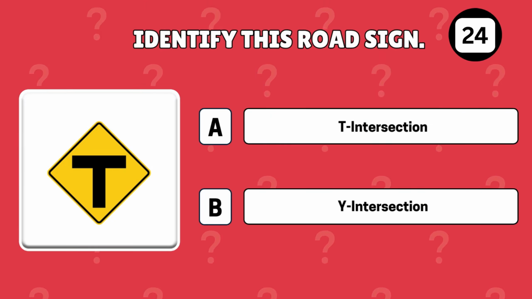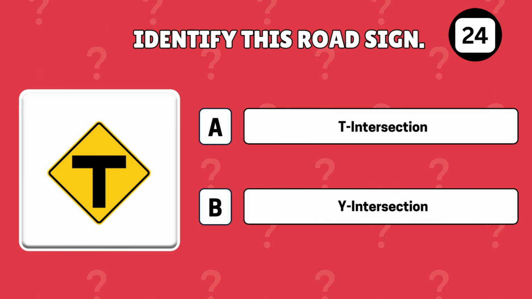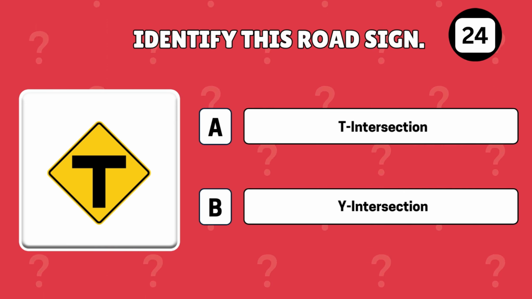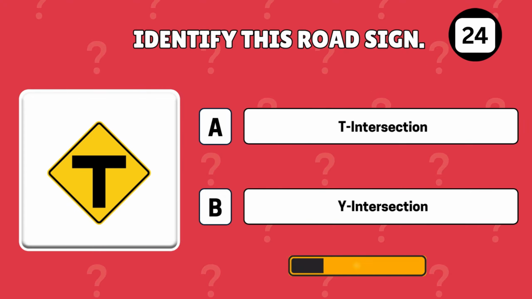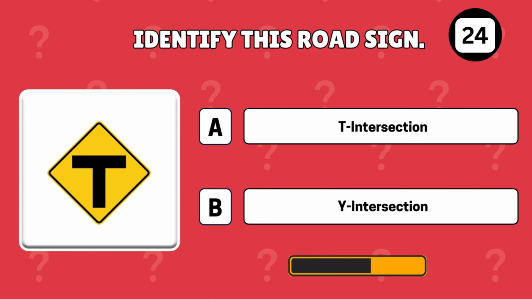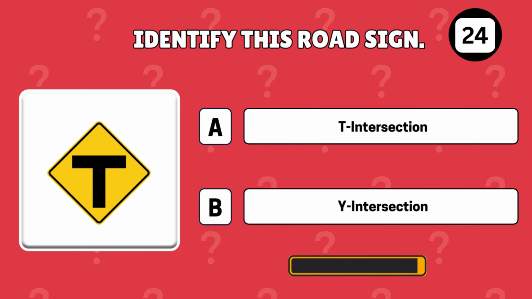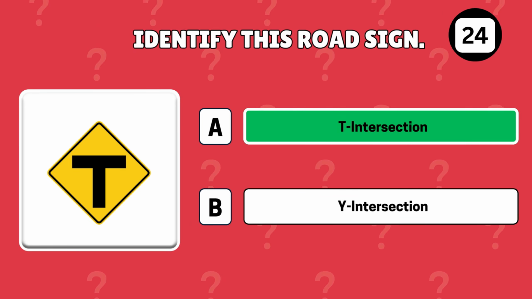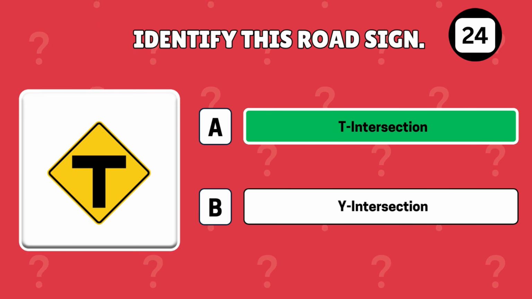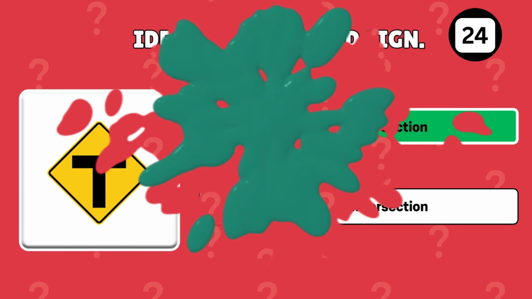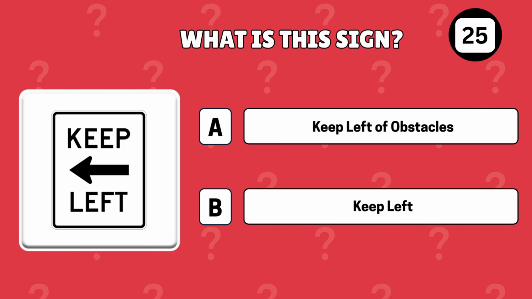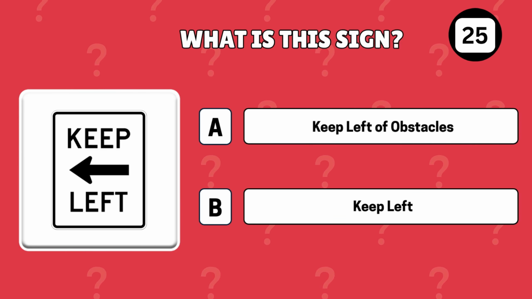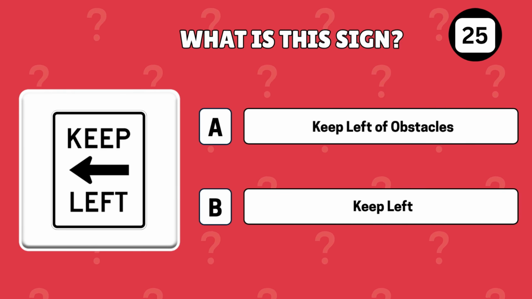Identify this road sign. A. T intersection. B. Y intersection. Nicely done. This is the T intersection sign. What is this sign? A. Keep left of obstacles. B. Keep left.